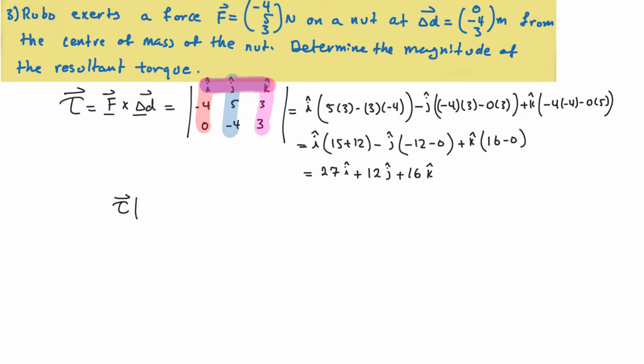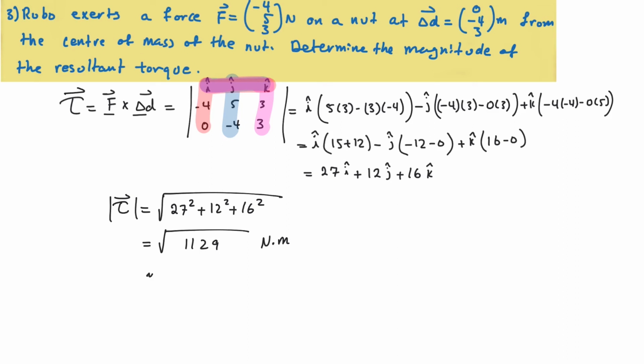So the magnitude of the torque is going to be the root of the x component squared plus the y component squared plus the z component squared. And we will end up getting a root of 1129, and my unit for this is Newton meters. I can leave it in an exact form like this, or I can do it as approximately 33.6 Newton meters in 3 significant figures.